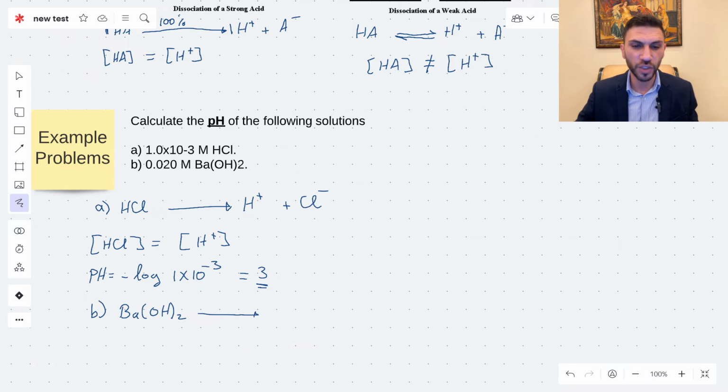It dissociates completely to give you Ba 2 positive plus OH negative, but 2 of it, so I'm going to write number 2 here. So if the concentration is X, this one is 2X.